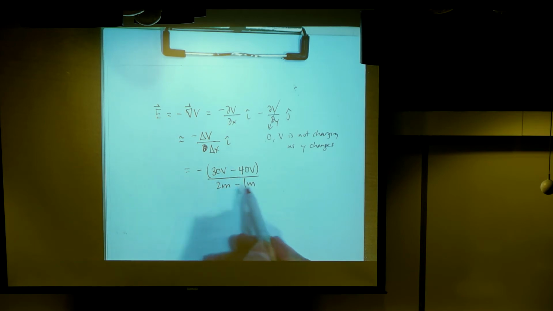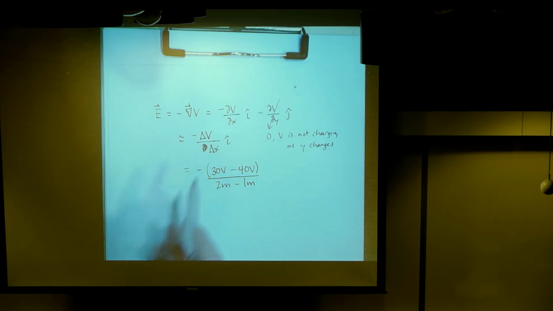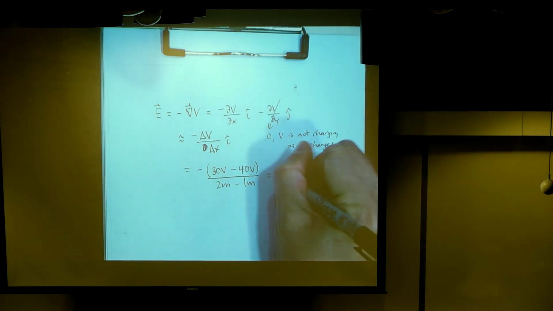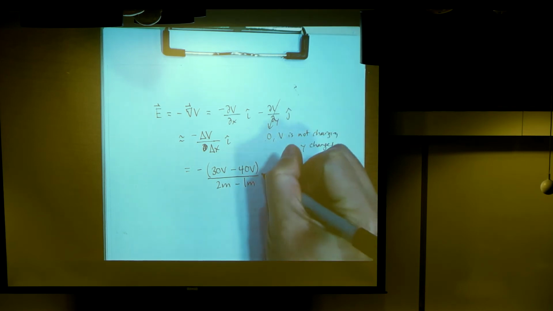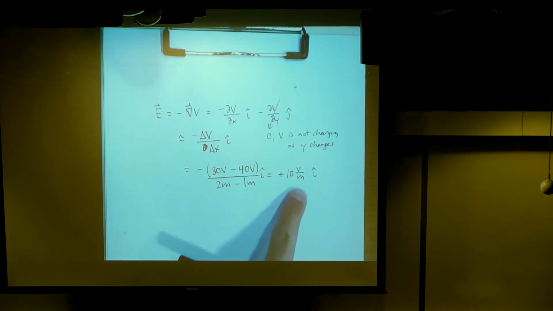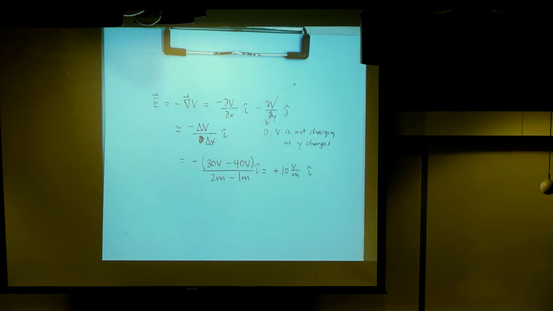So we just have 1 meter on the bottom, and on the top, 30 minus 40 is negative 10, but becomes positive when we account for the overall negative sign out front. So this is positive 10 volts per meter, and I should have carried along the i hat unit vector, so 10 volts per meter in the positive x direction, okay? The E field is pointing in the positive x direction.